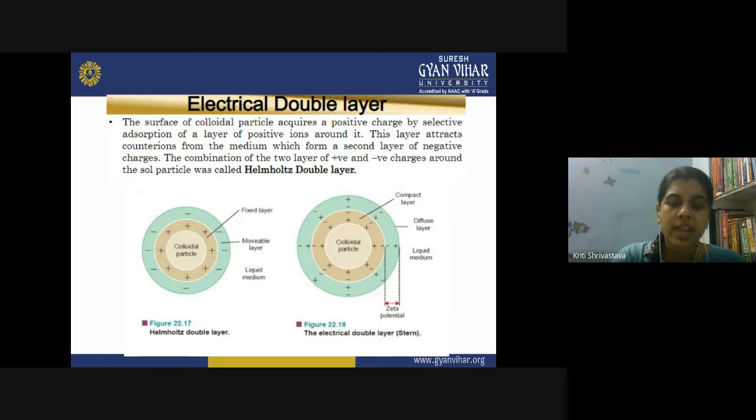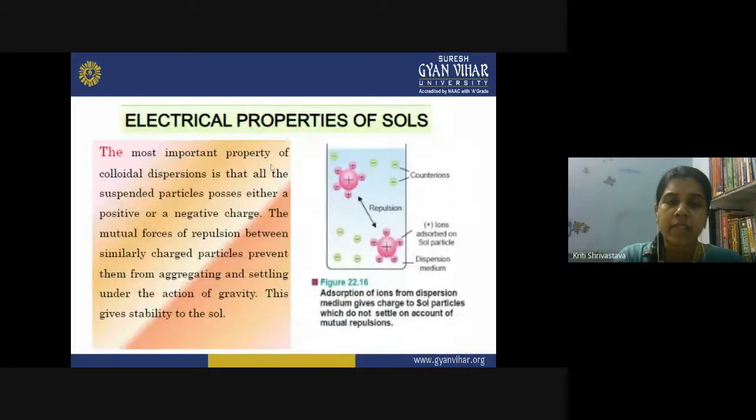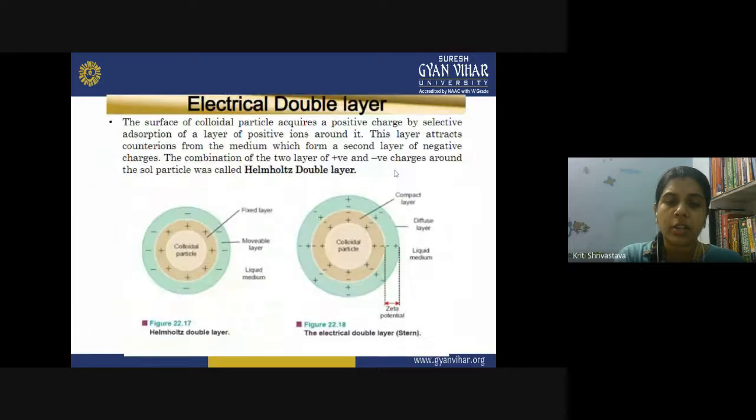In the previous diagram we have seen, we also have counter ions present in the solution. So what will happen when the colloidal particles are having the positive charge on their surface? All the counter ions, those are the negative ions, they will come towards the colloidal particle, and they will make a layer around the colloidal particle.